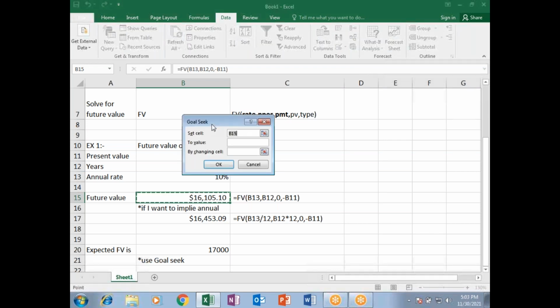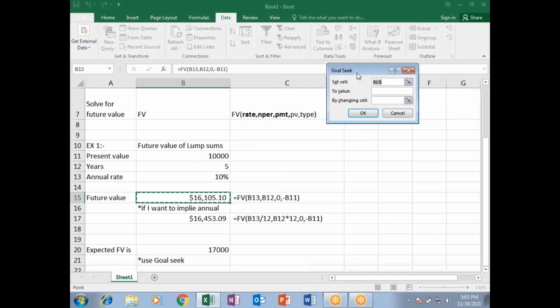So you will get a dialog box here. In the dialog box, it's asking you set cell. Set cell is nothing but the cell where I require my expected value, the future value. So I will be selecting B15.